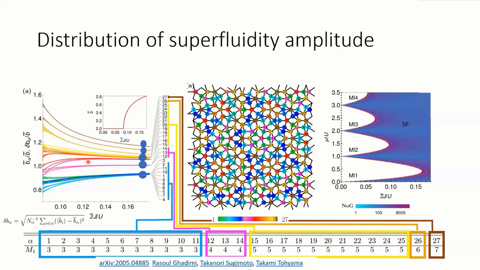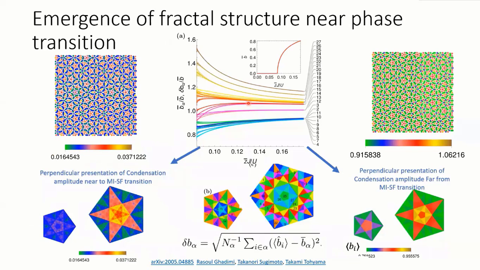So it signals that within each vertex class, for example class 1, a different structure may also emerge. If you look at the order parameter distribution in real space and in perpendicular space, you can notice different behavior near the phase transition and far from it.